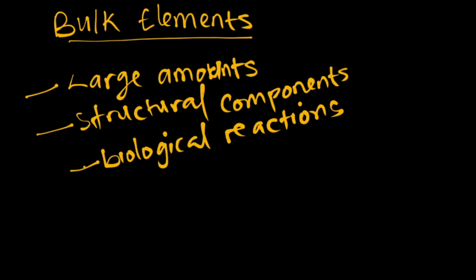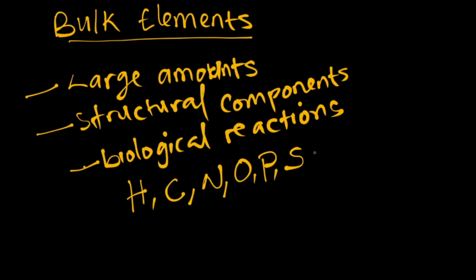Examples of these bulk elements: hydrogen, carbon, nitrogen, oxygen, phosphorus, sulfur, sodium, potassium, calcium, chlorine.